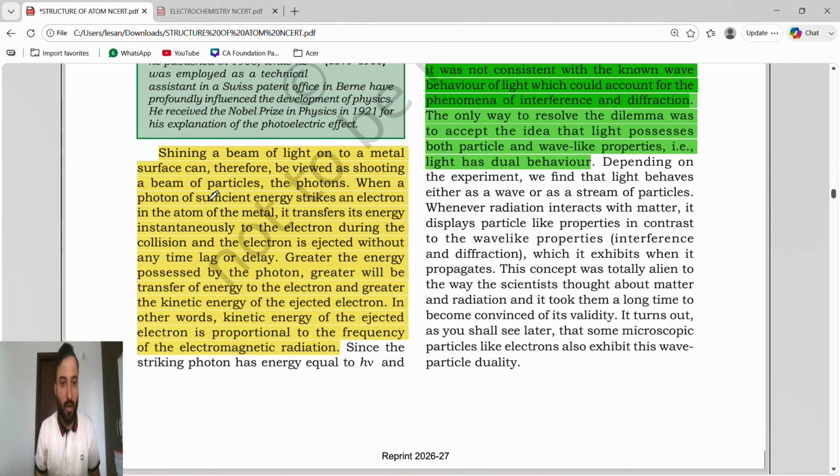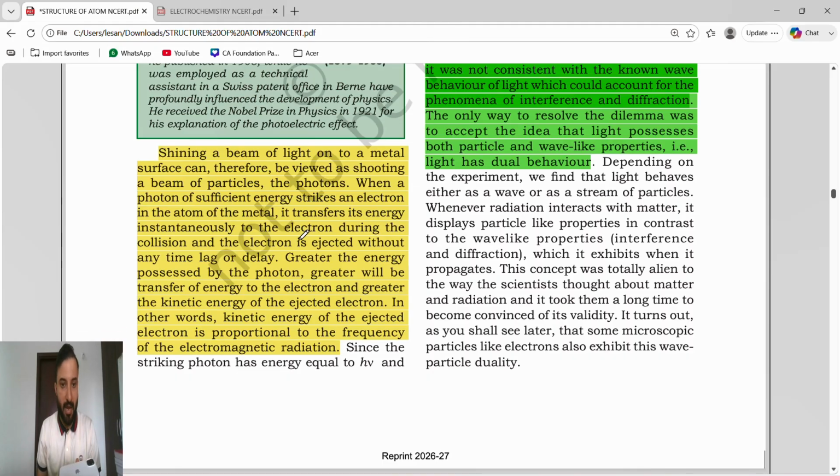So when a photon of sufficient... photon means, guys, if they ask in the examination to define photon, you will write the simple thing: when a beam of light hits the metal surface, that beam of light is called a photon. So when a photon of sufficient energy, again, not every photon will release the electron, strikes an electron in the atom of the metal, it transfers its energy to the electron.